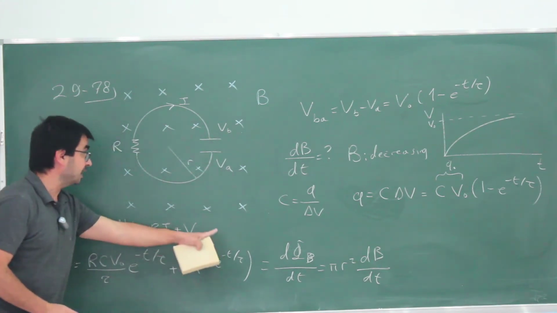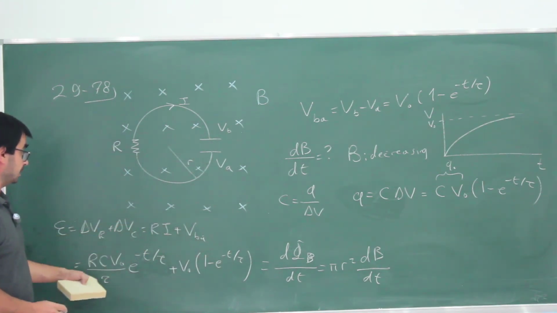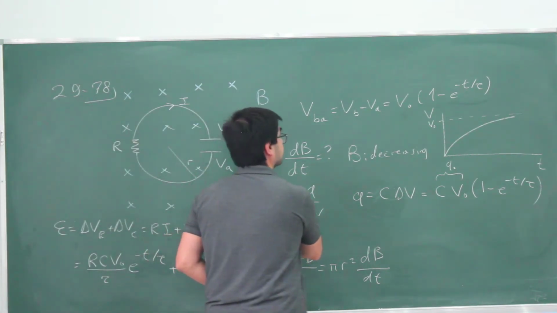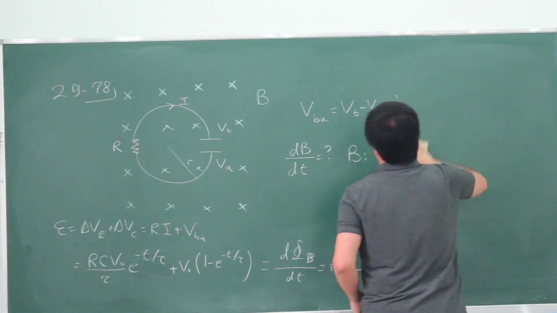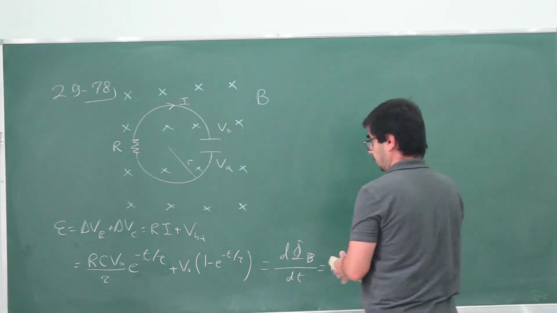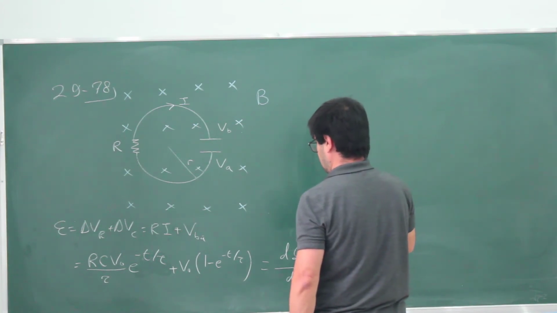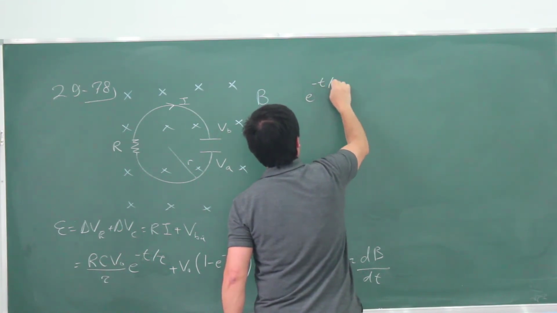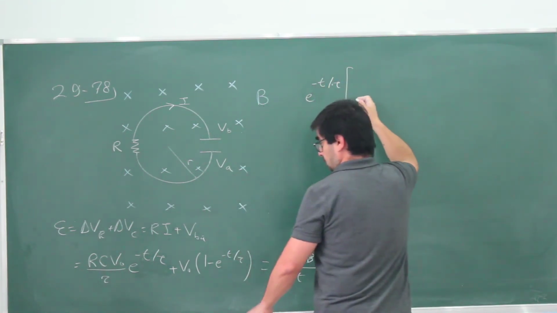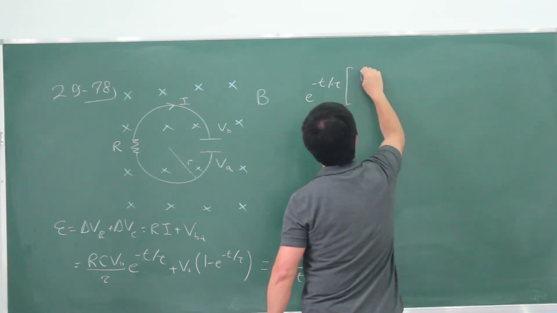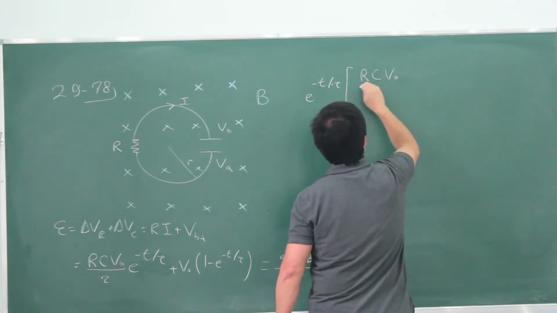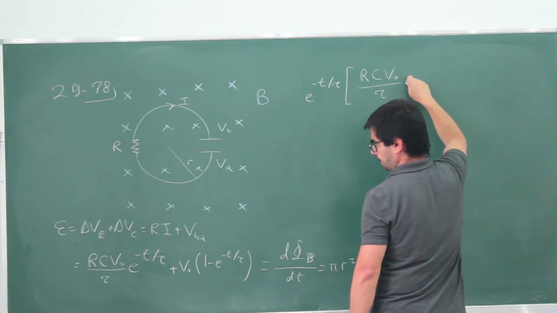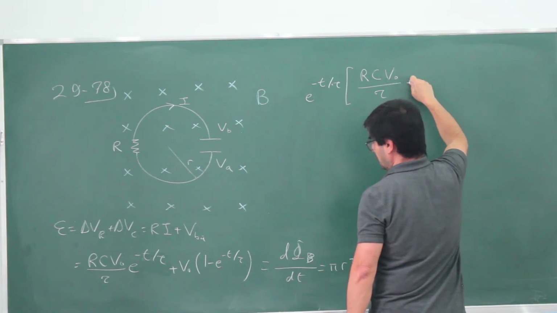Okay. Now I can take this left-hand side and I can rearrange it. I can put this into some common parentheses. So let me erase this and write that expression more clearly. So I'm going to have e to the minus t over tau, RC V0 over tau minus V0.